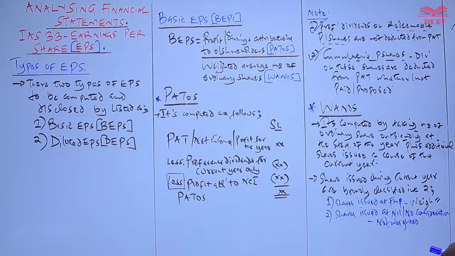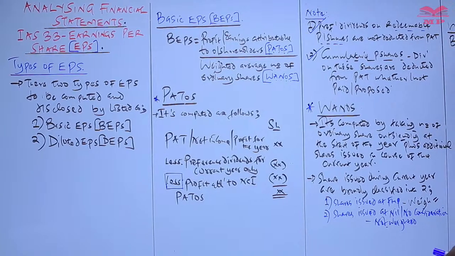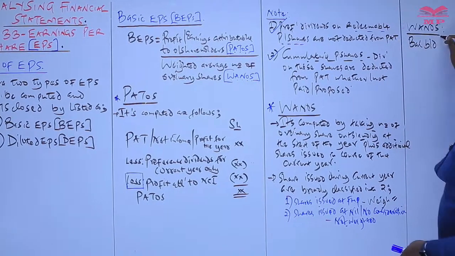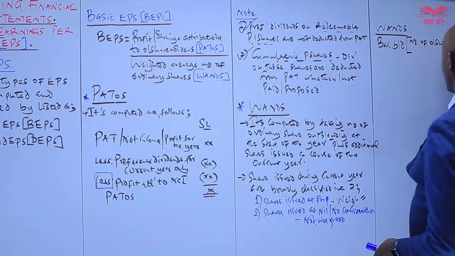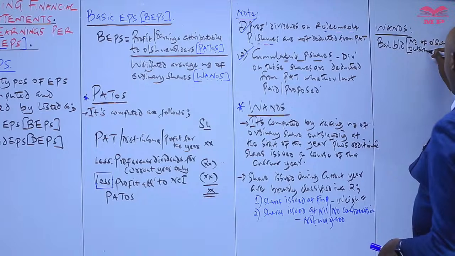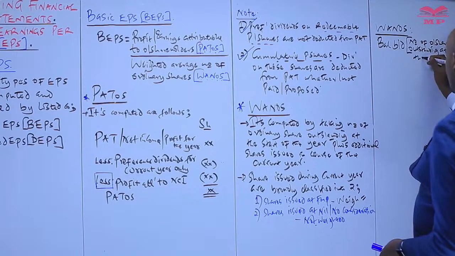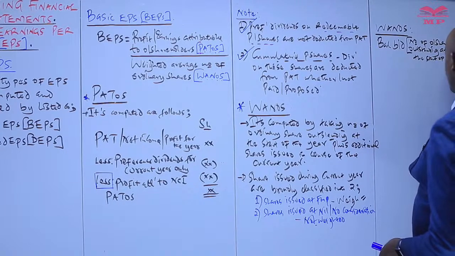So basically, to compute the weighted average number of ordinary shares, we always start with the balance brought down. What is the balance brought down? These are the number of ordinary shares outstanding at the start of the year.